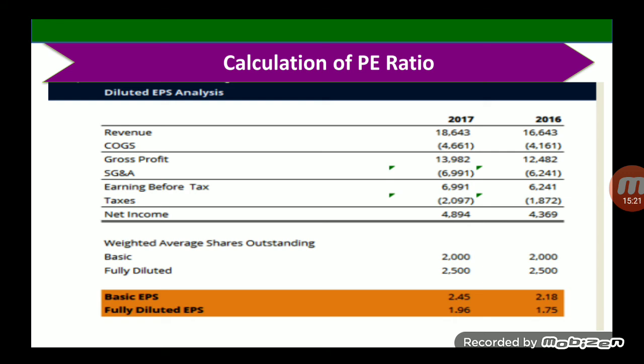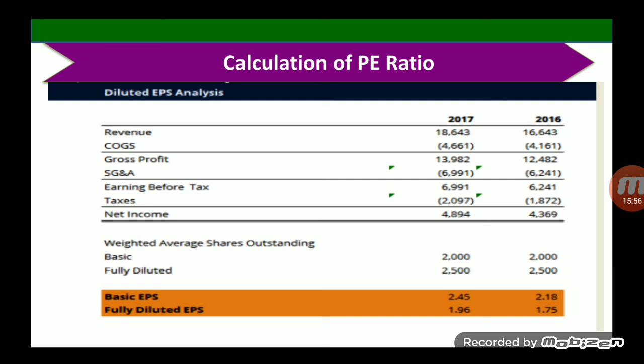These 500 are diluted shares converted into common shares. So the basic shares before dilution were 2000. After conversion of these shares into common shares, the number of shares increased from 2000 to 2500. If we divide this net income by diluted shares in 2016, we get the value 1.75.